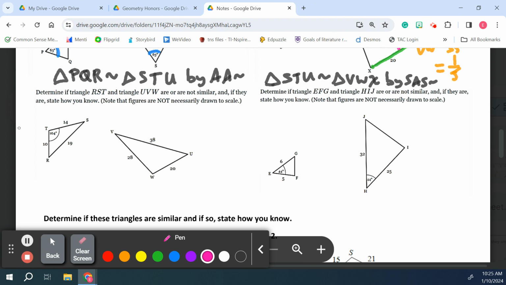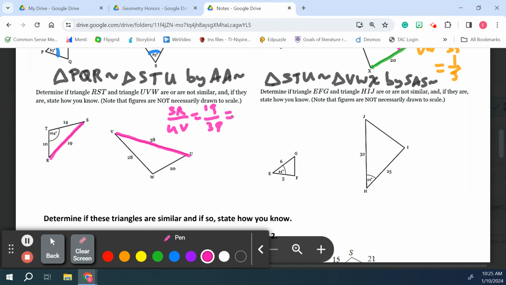So these are 2 that we know should be similar to each other. So I'm going to take, again, little over big. So I'm going to have here SR over UV, which is 19 over 38.